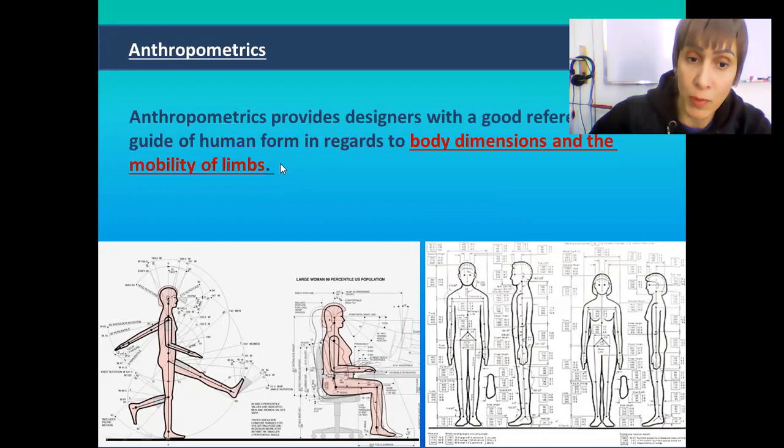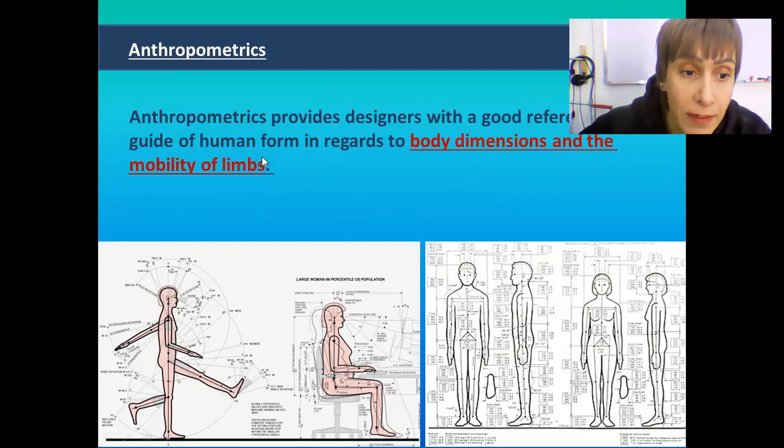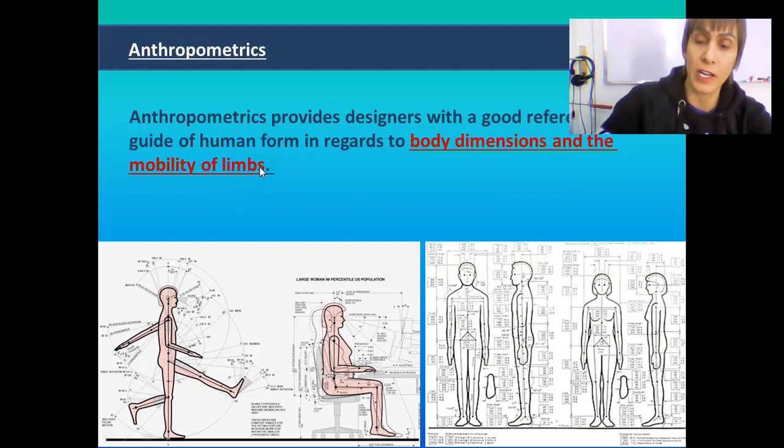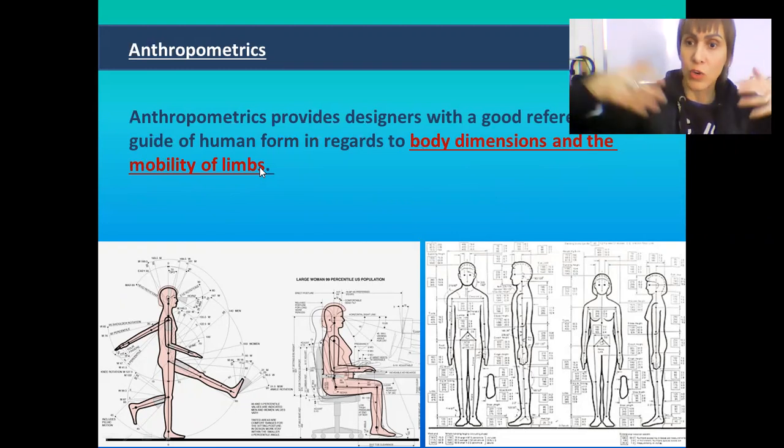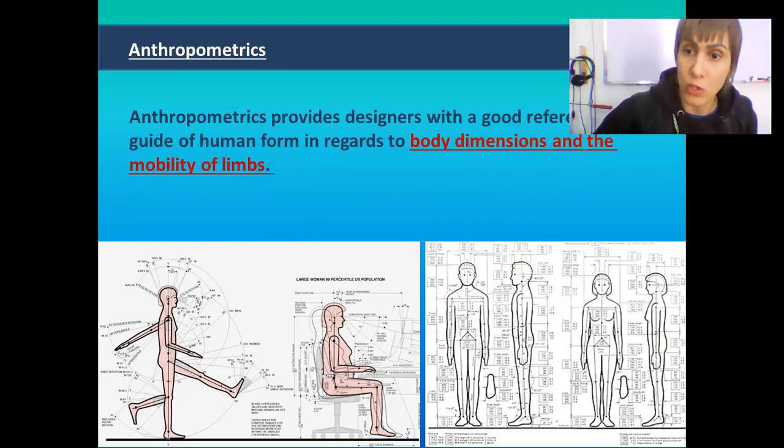So, anthropometrics provides designers with a good reference guide of human form in regards to body dimensions and also the mobility of limbs. What are the limbs? For example, my arms are called limbs. My legs are called limbs.